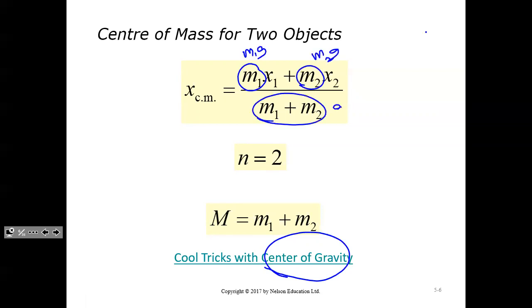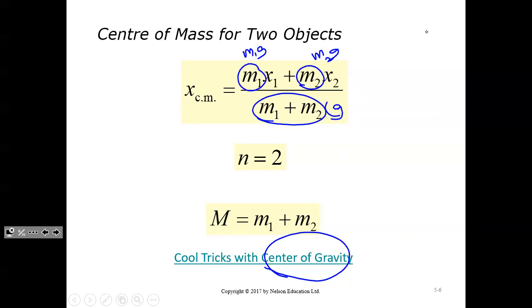You multiply up and down by g. So the center of gravity will be weight 1 times x1, weight 2 times x2, divided by the total weight. The gravity g value doesn't change, it doesn't depend on where it is. It's a constant. So center of gravity is equal to center of mass.